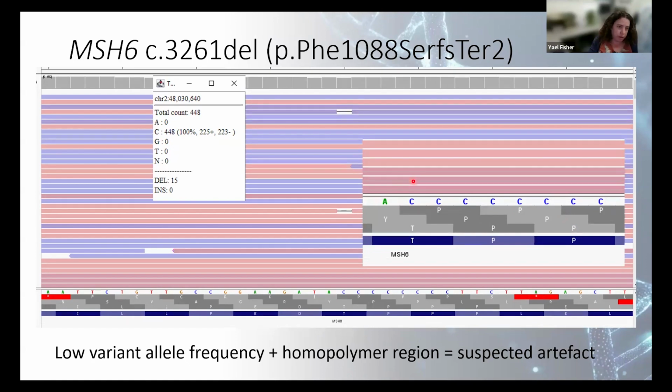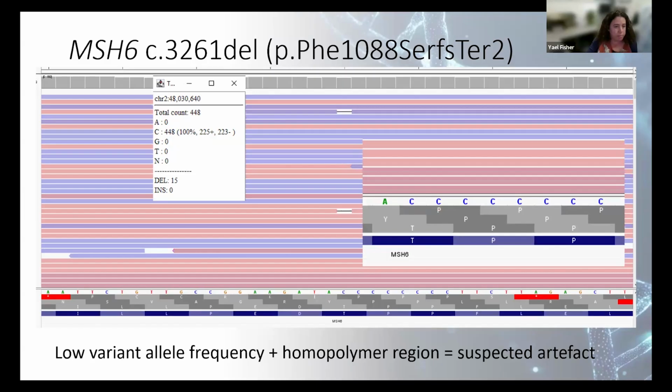If you have immunohistochemistry that's available, and in this case it is for MSH6, you can do that. If you have Sanger sequencing that's available, that can also get rid of these homopolymer artifacts. So if there's clinical significance in it, you can consider doing that. If not, I would recommend not to report this kind of variants when they're not confirmed, because they are very likely to be artifacts.